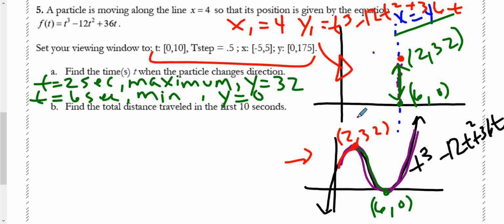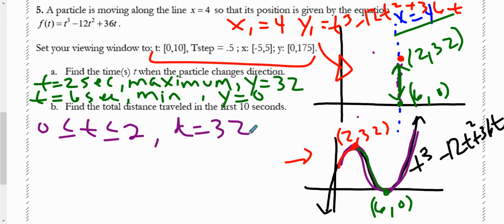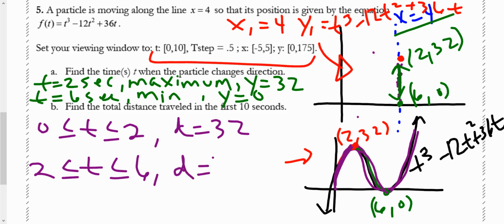So when you're going from 0 to 2 seconds, you can see that the distance traveled is 32, and it could be feet or miles or inches or something, we don't really know, but that would be from here all the way to here. That's 32 up. Then it travels another 32 from 2 to 6. So from 2 to 6, the distance is also 32.